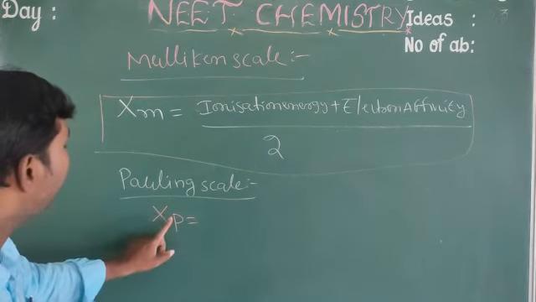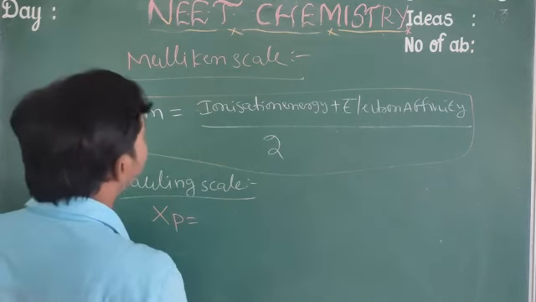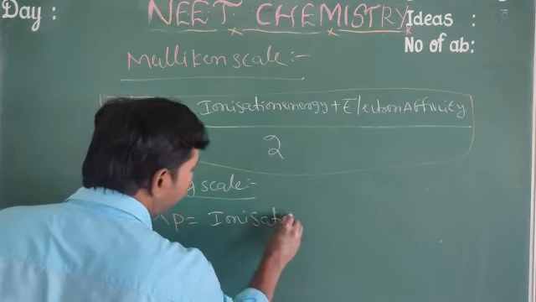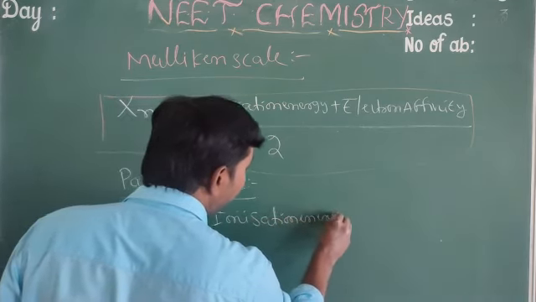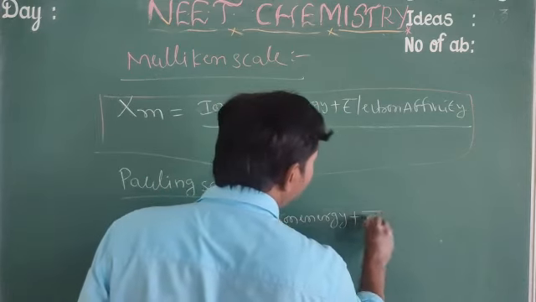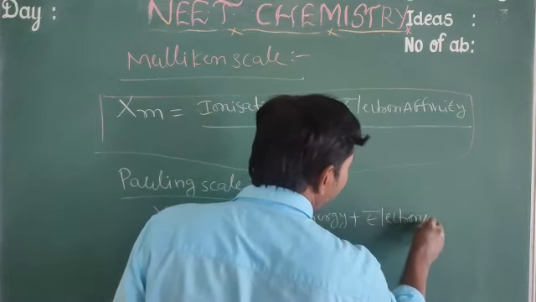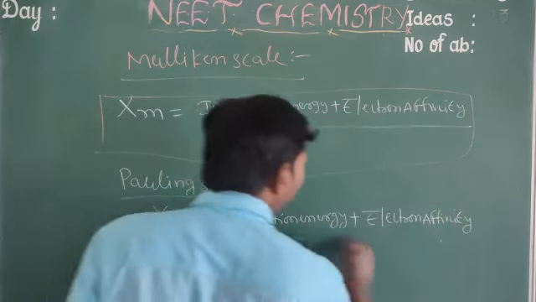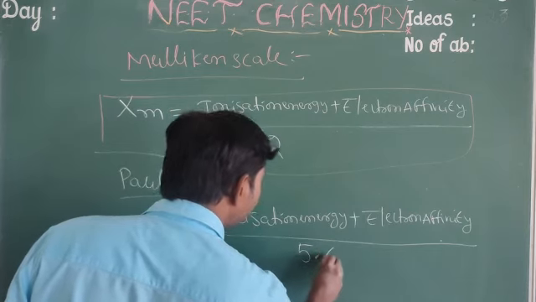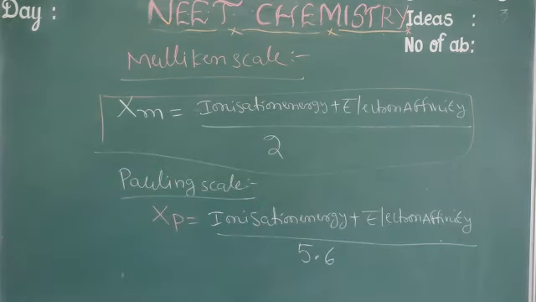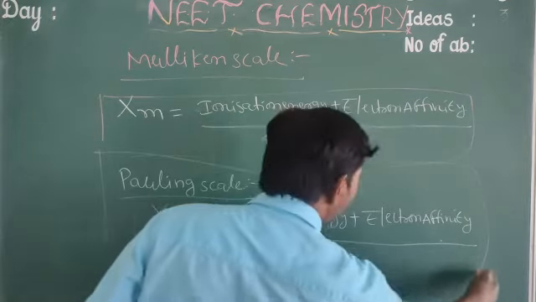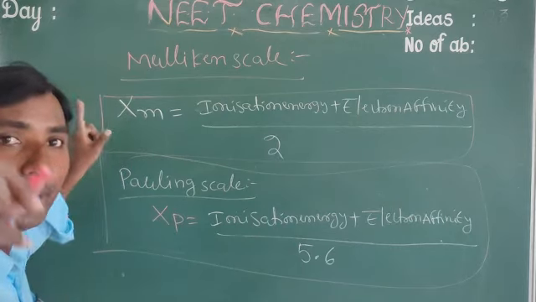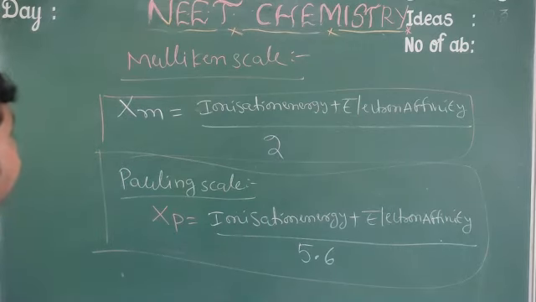So electronegativity of Pauling equals ionization energy plus electron affinity, divided by 5.6. This is the Pauling scale. Here X stands for electronegativity.